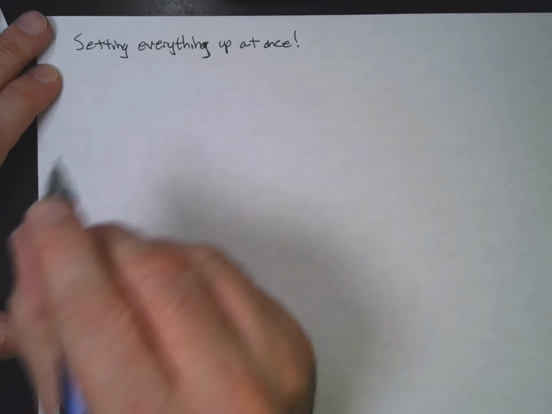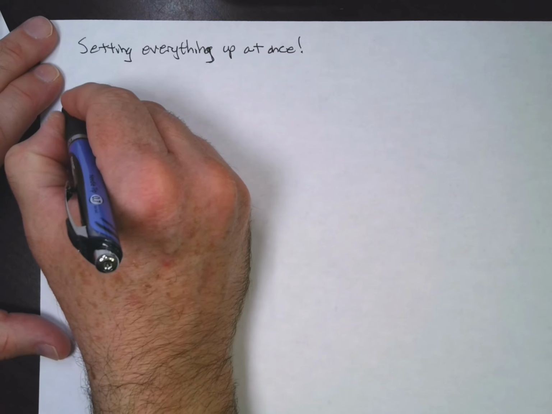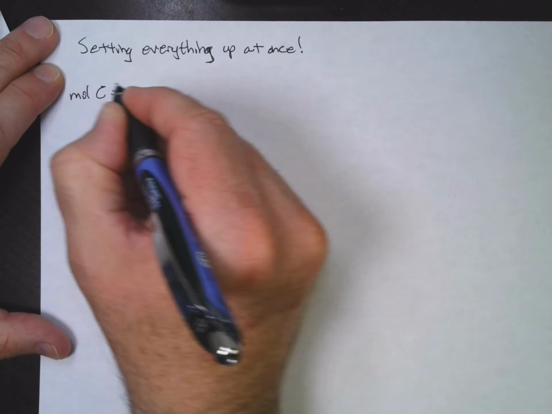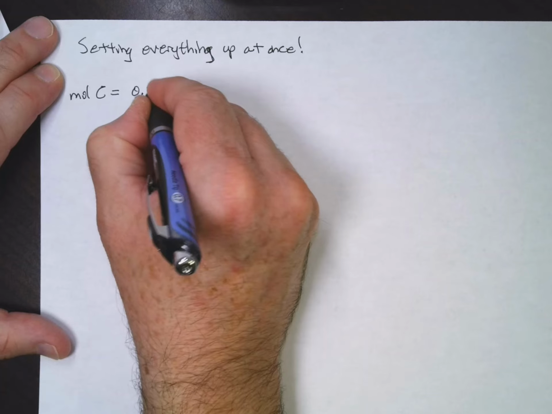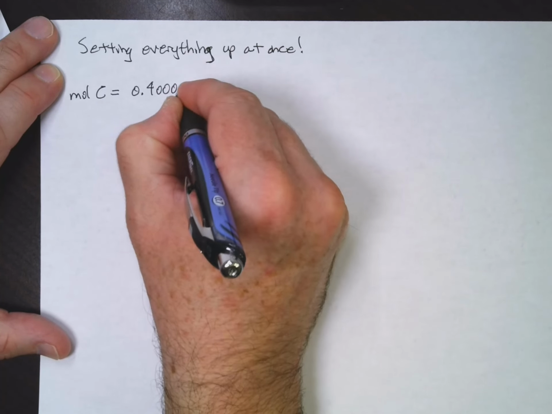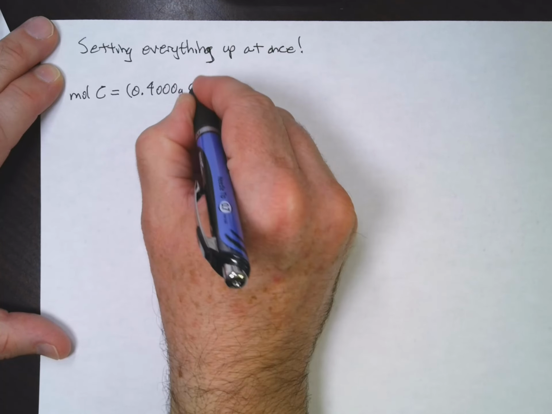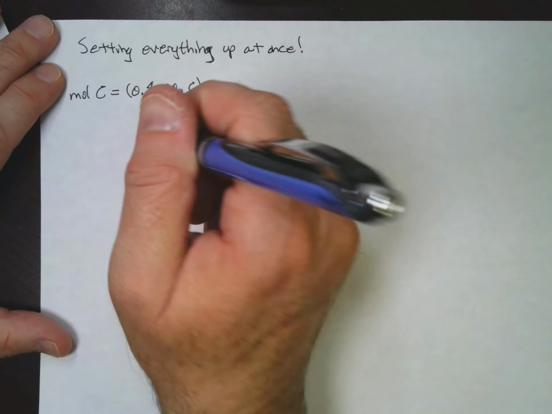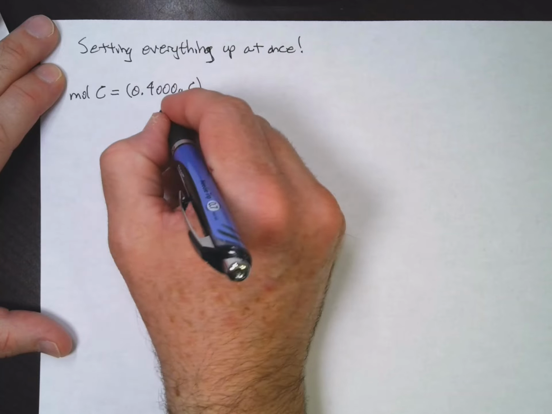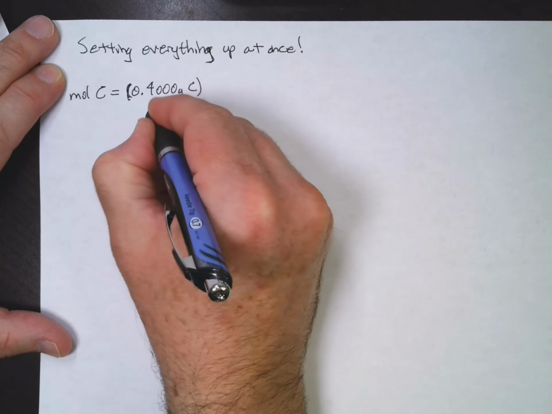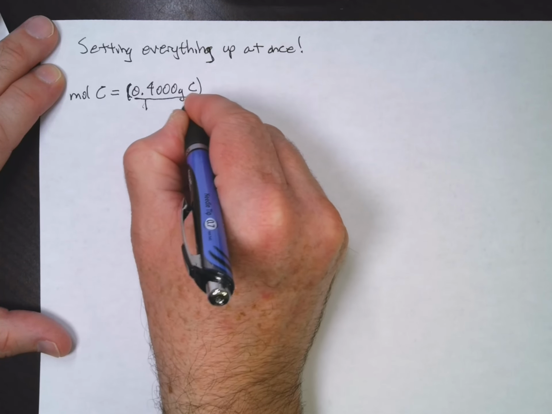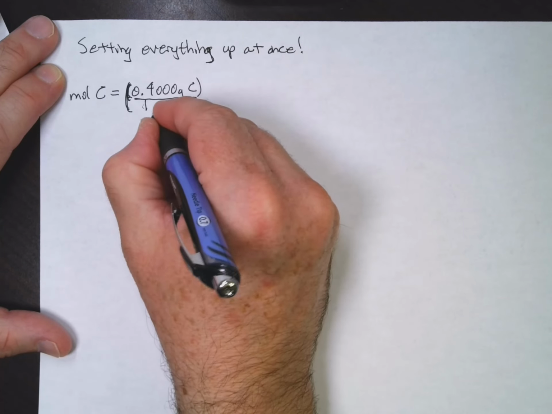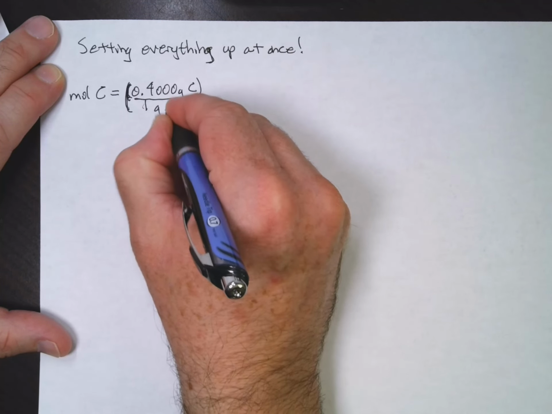So if we want moles of carbon, we have 0.4000 grams of carbon per 1 gram of glucose.